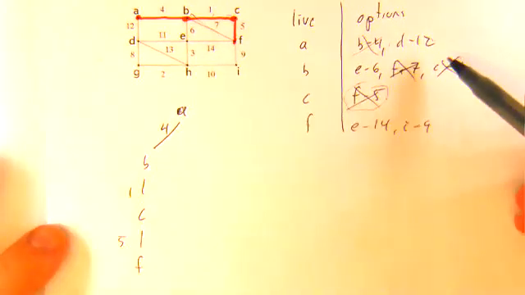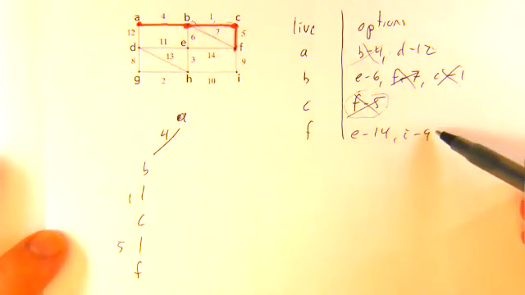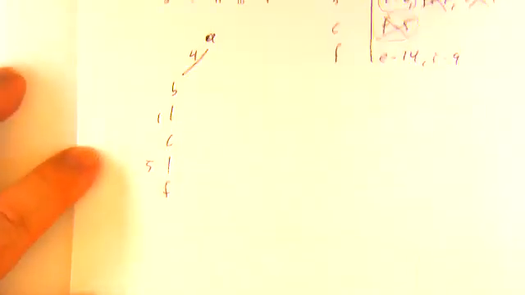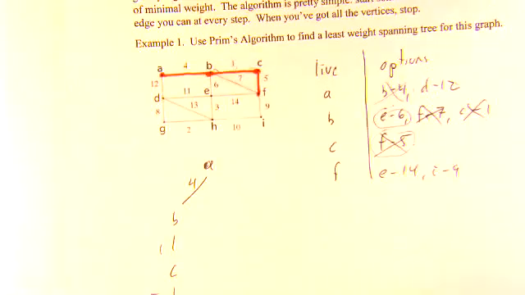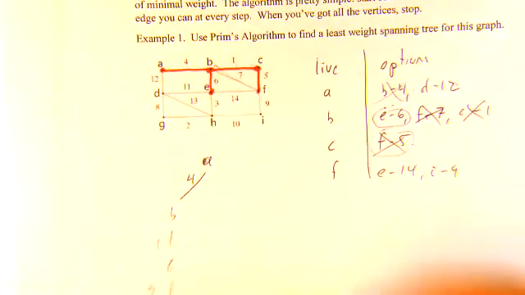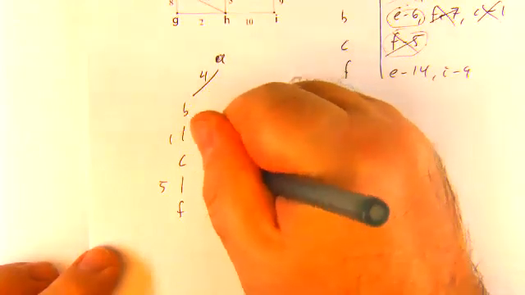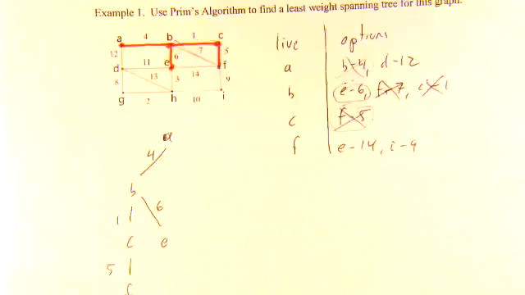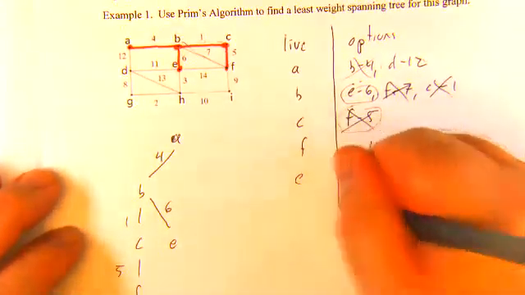Of the options that are available, which one's the cheapest? Going to E from B costs us 6. That means we add this to our tree. And as we're drawing the tree, E costs us 6. So we add E to our list of live vertices.